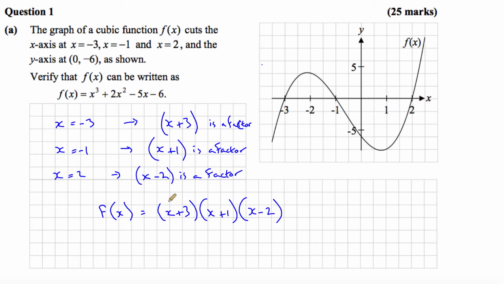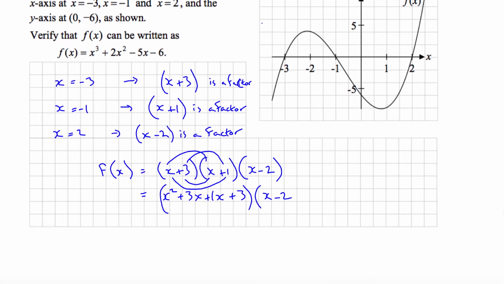So if we do the first one, x times x is x squared, 3 by x is 3x, x times 1 is 1x, and 3 times 1 is 3. So the first two brackets multiply to give this, and we still have the x minus 2 at the end.